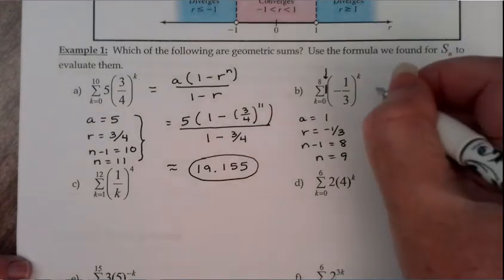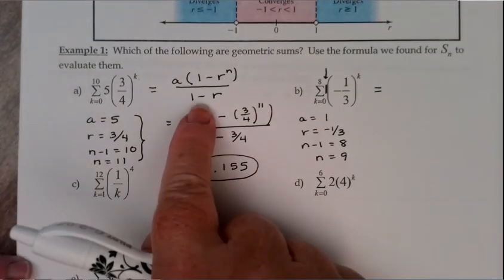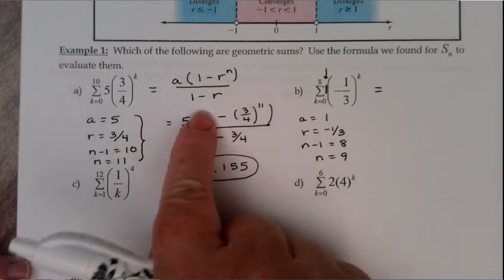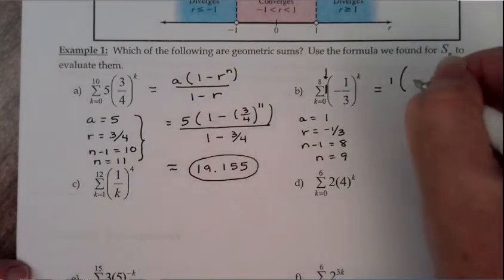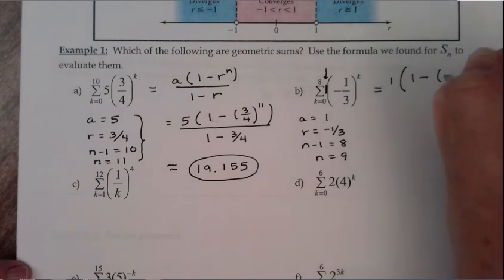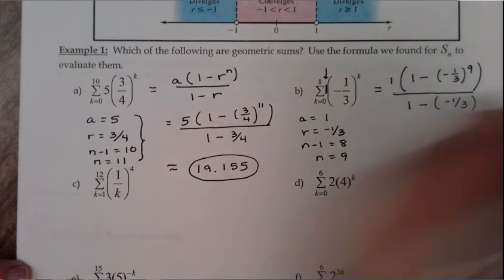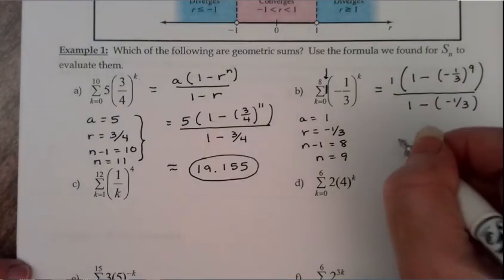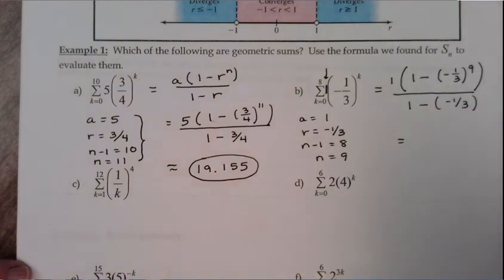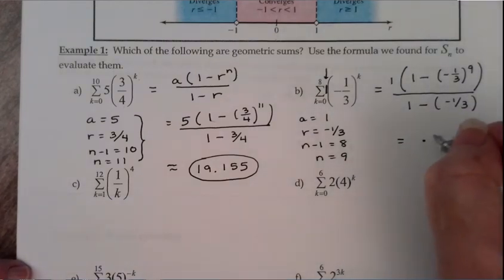I won't keep repeating it, but I'm plugging into the same formula: a, which is 1, times 1 minus negative 1/3 to the 9th power over 1 minus negative 1/3. And again, that's just a calculator problem. You can plug that right in, and I got 0.75.